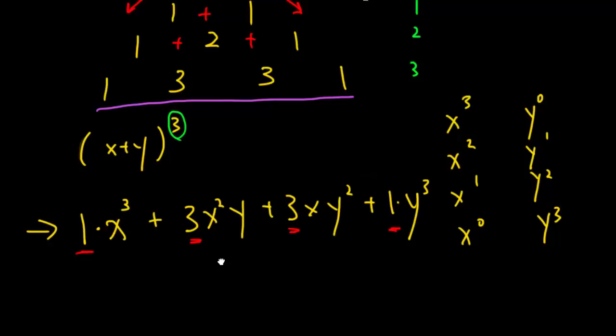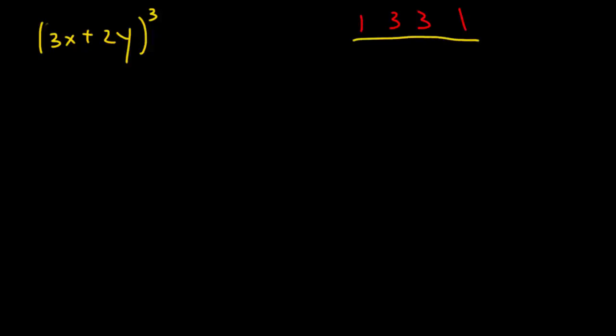Okay, so let's do another example. So let's look at 3x plus 2y raised to the power of 3. Now remember the coefficients 1, 3, 3, 1. Okay, we're going to use exactly those coefficients. Okay, so let's get started. So this will be a very long expansion.